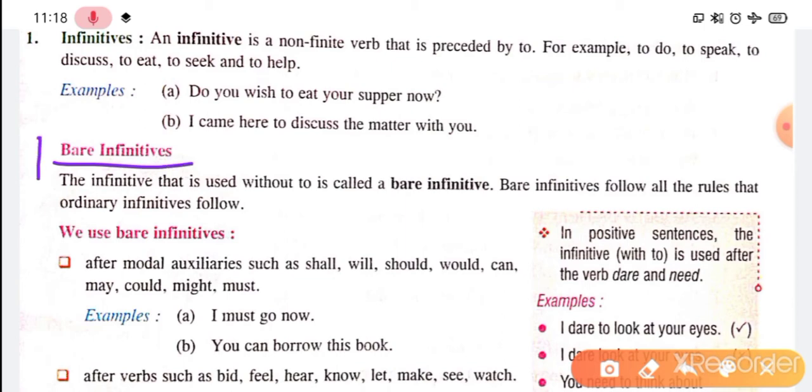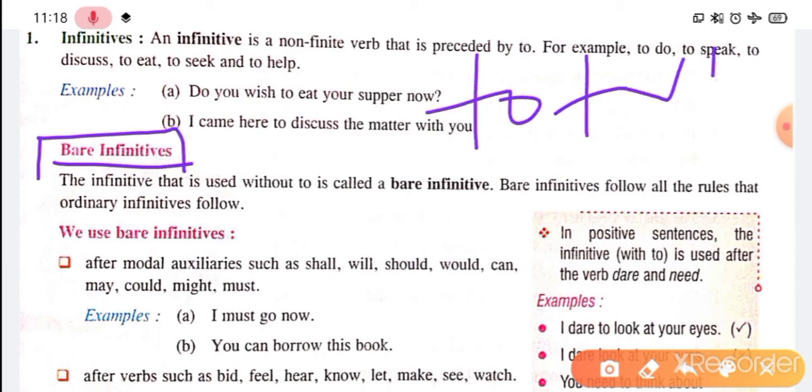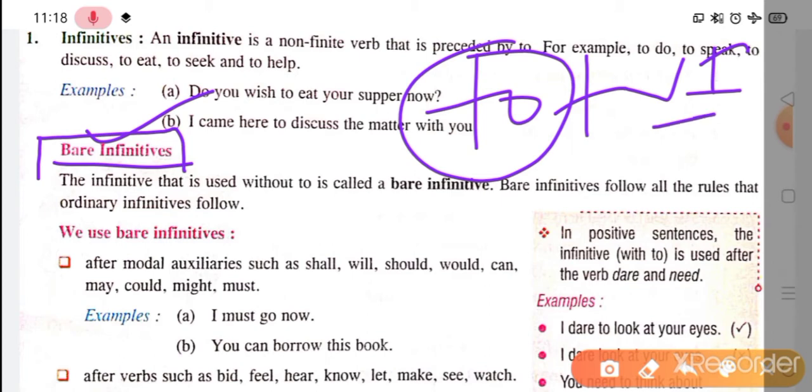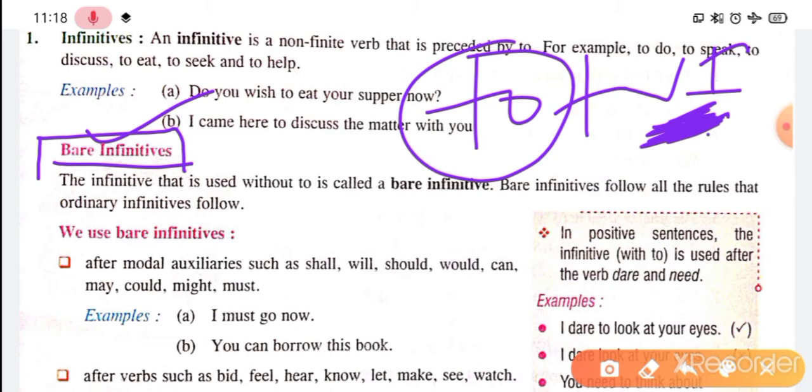Clear? Next, one more concept here: bare infinitives, guys. One infinitive is to plus V1. A bare infinitive is when we have no to and the verb is used as non-finite and not changing; that verb will also be non-finite, a bare infinitive. Bare means without something, having nothing.